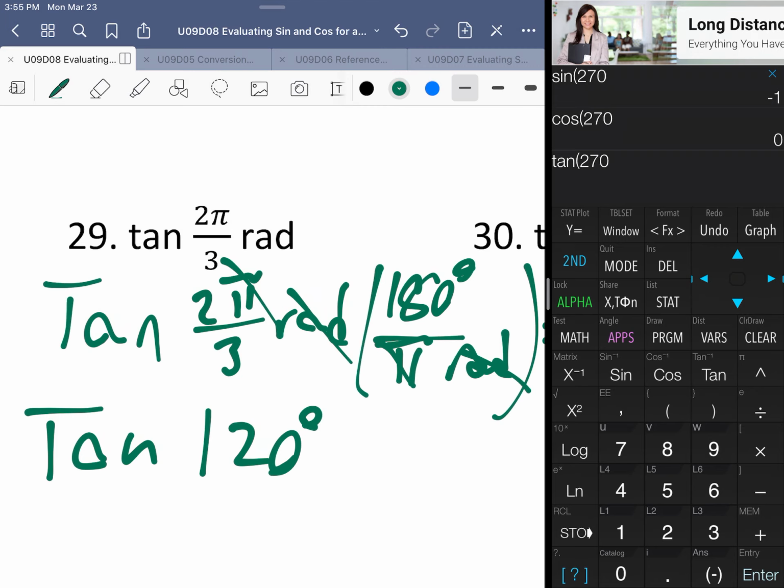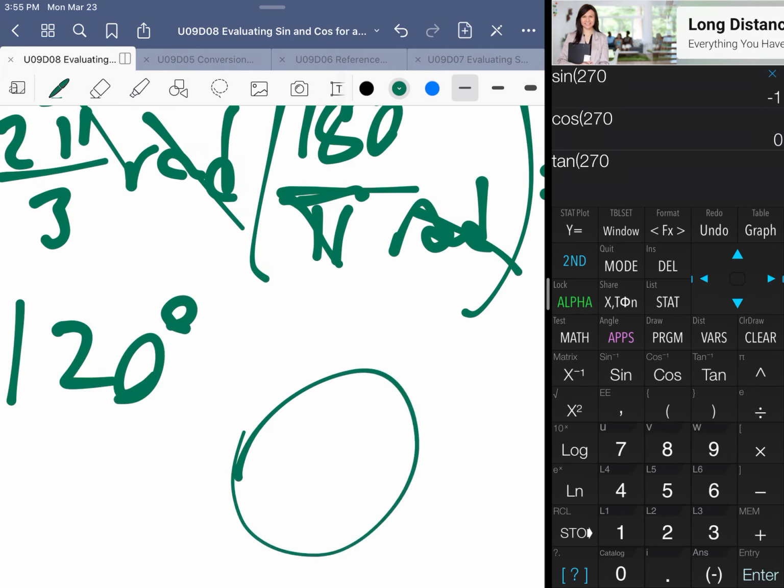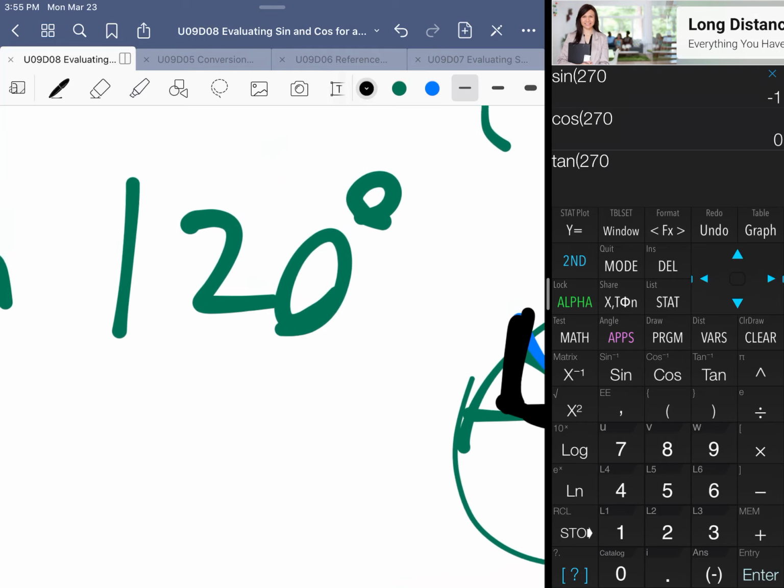If I were to take a look at the circle, 120 degrees is somewhere over here. And the reference angle would be the angle formed over here. So that reference angle should be the remaining 60 degrees.